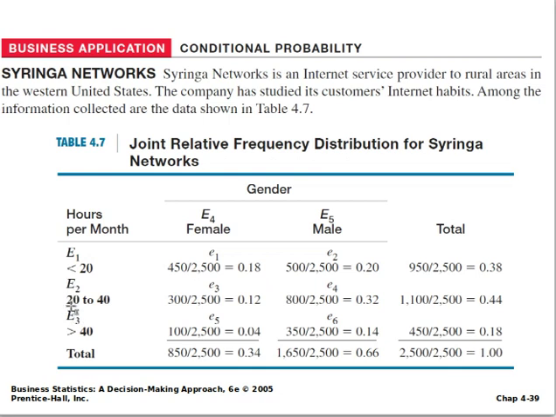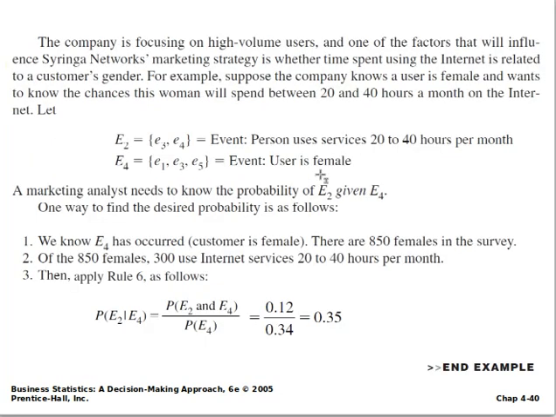Event 2 is hours per month of internet usage, 20 to 40 hours per month. E4 has the set small e1, small e3, and small e5, which is this one.